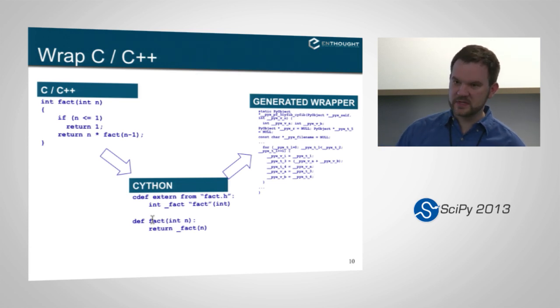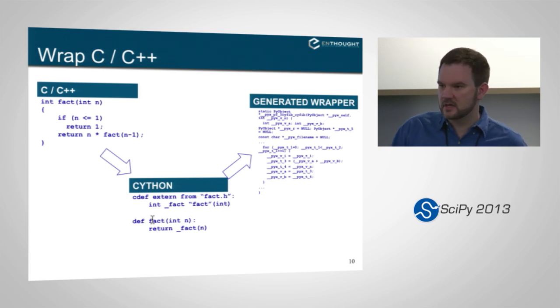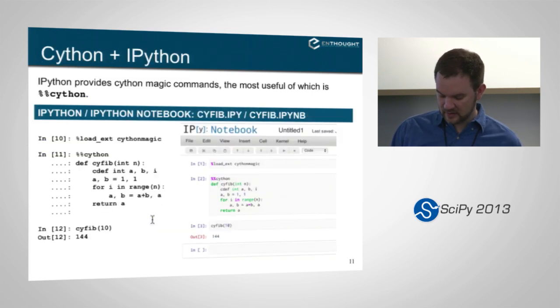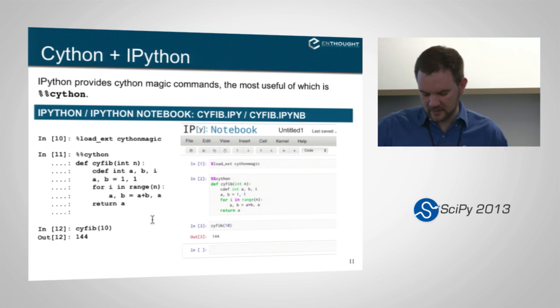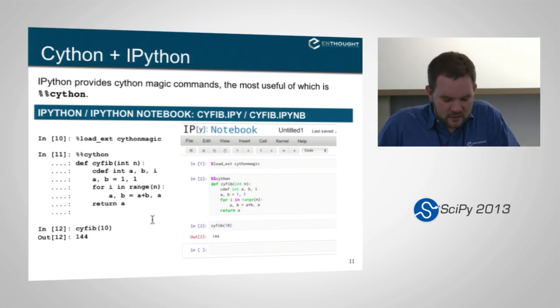And then Cython, again, spits out a generated extension module, and we compile that along with our C code, and we have now our extension module that's wrapping our factorial function. Okay? So those are the 2 main modes of working with Cython, the 2 objectives.